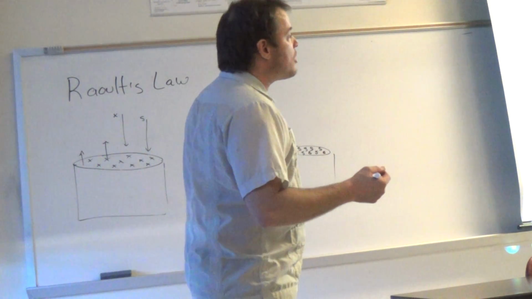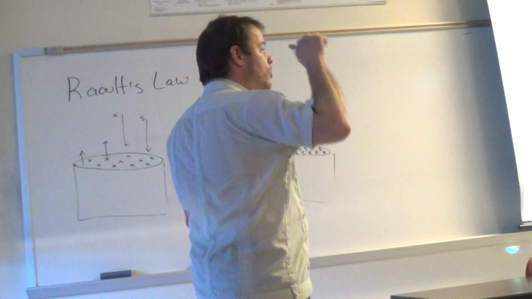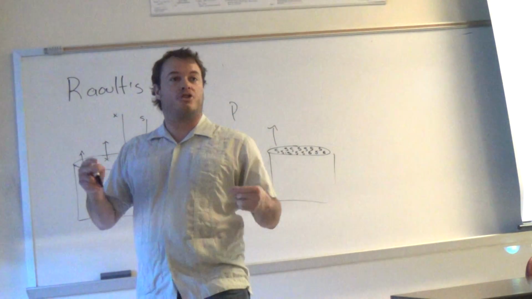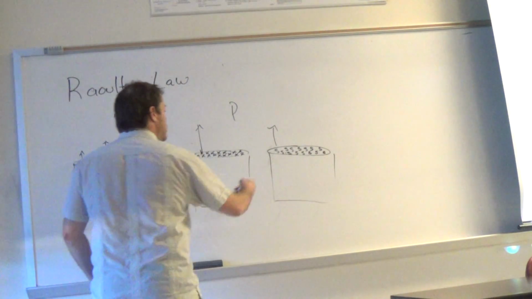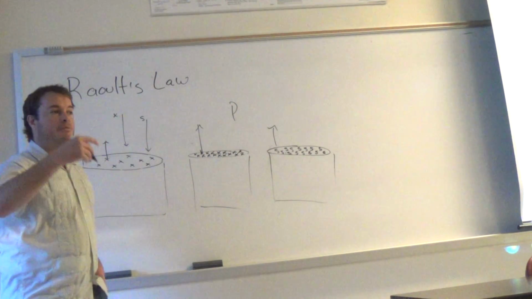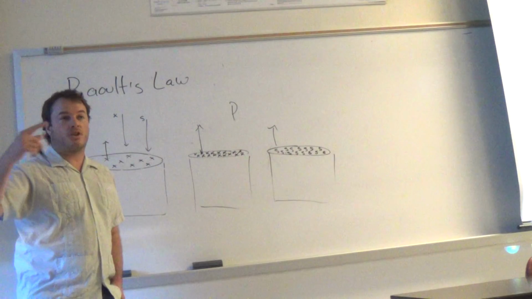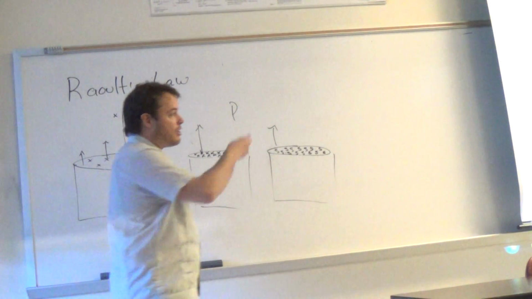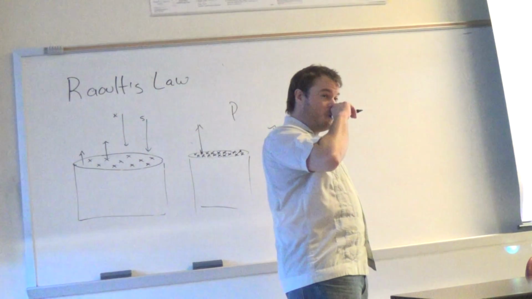So Raoult's law says that for ideal solutions, and we're now defining ideal solutions to be solutions where the solute-solvent interactions are the same as the solute-solute interactions and the solvent-solvent interactions, this Raoult's law thing holds.